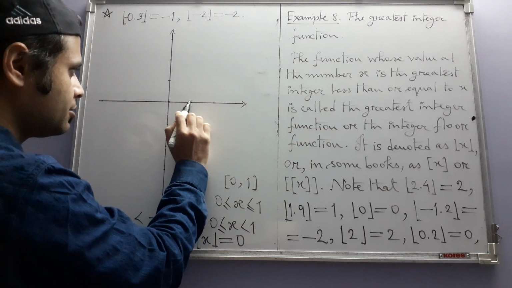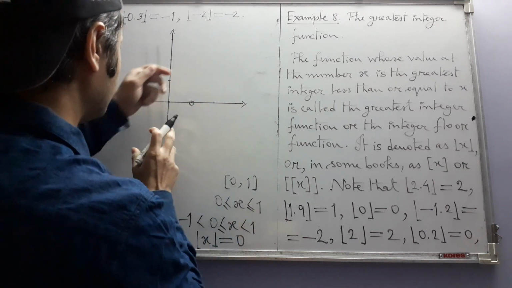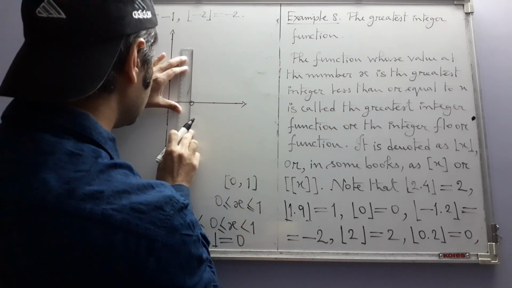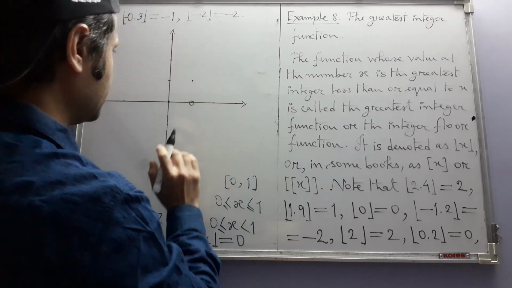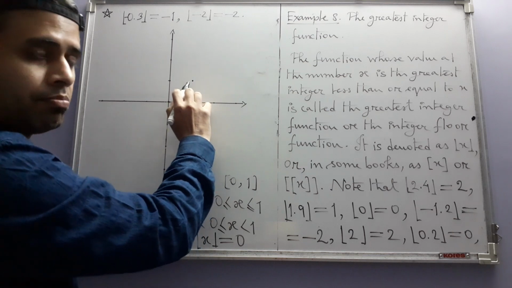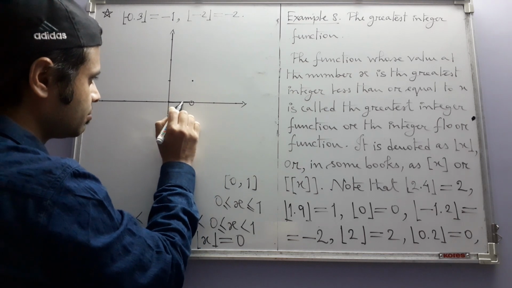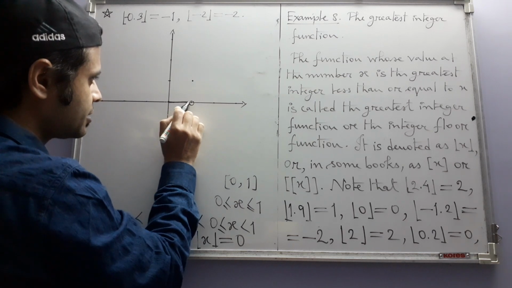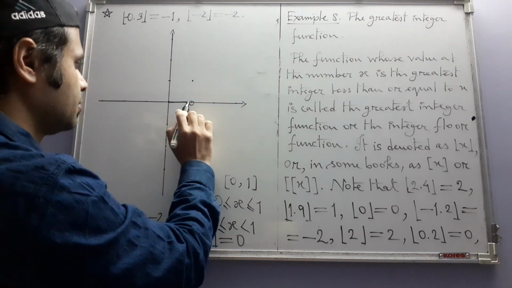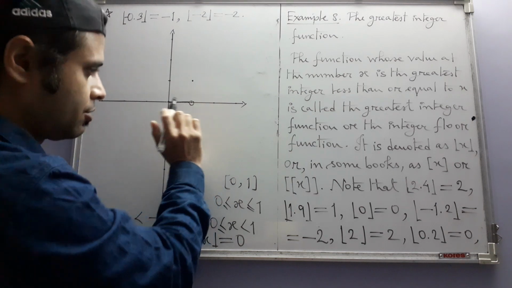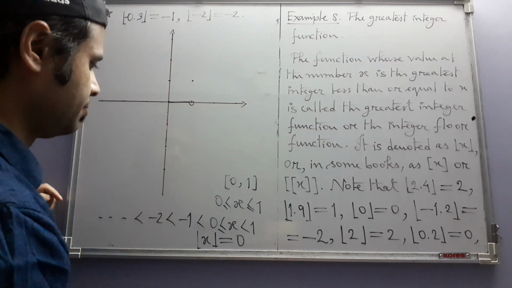At 1 it is not 0. At 1 the value is 1. So there is a sudden jump. So this is the graph. This line segment does not reach the point x equal to 1. It just does not reach the point. At 1 it is equal to 1.